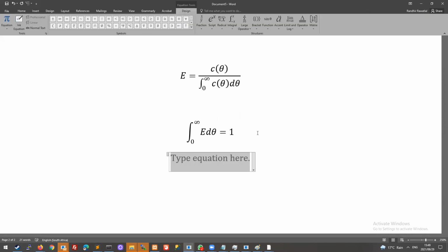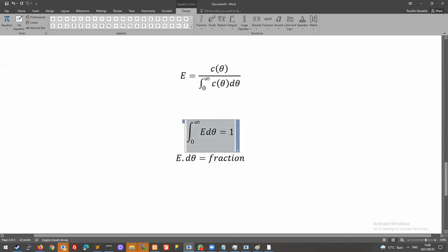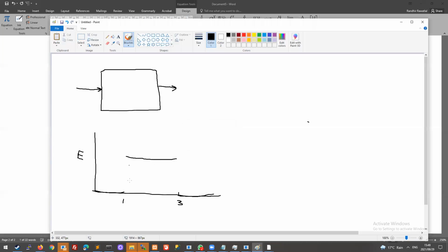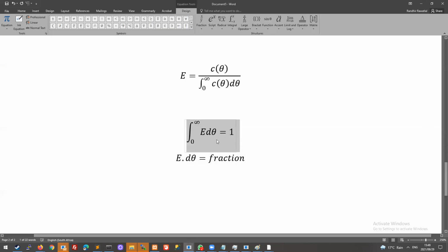And the reason I'm saying that, if you follow the notes, it's fully unpacked there in the lectures. But this is basically the fraction. In each sub-integral, if you are integrating E over a small range, it's telling you the fraction in a certain age range. Now here we are integrating over all possible ages. So this is basically saying all the fractions must add up to 1. In other words, the area under the curve E must always be 1.